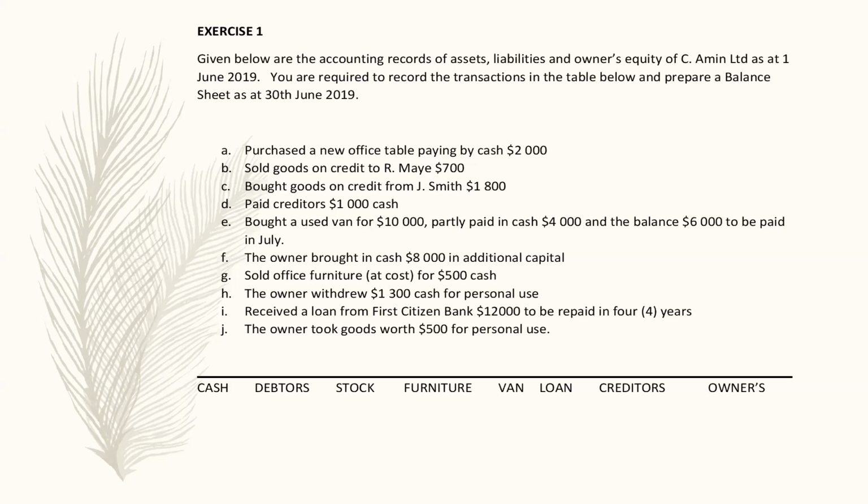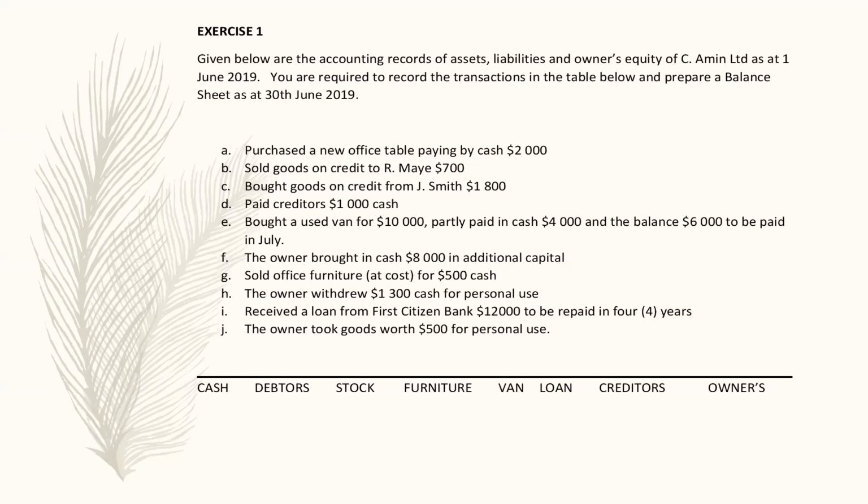All right. Good. So let's look at C. Bought goods on credit from J. Smith. If you bought goods on credit from J. Smith, it means that you are increasing your stock.